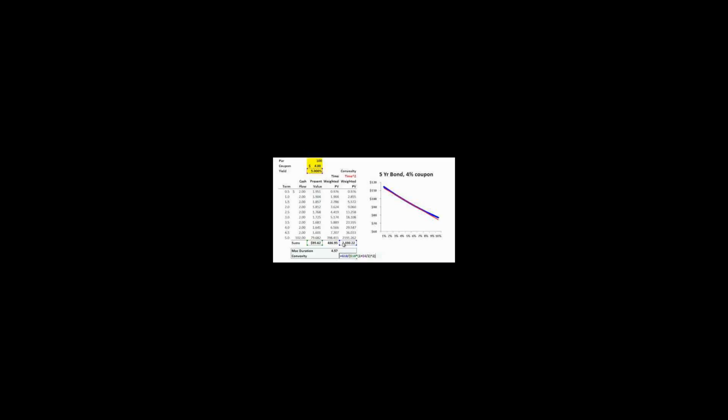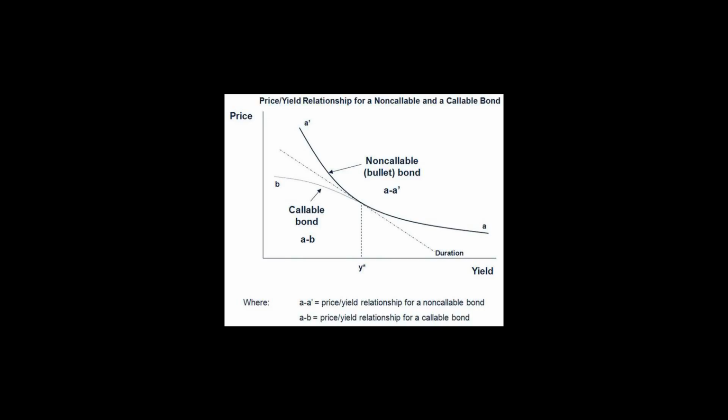Note that this conversely implies the negativity of the derivative of duration, by differentiating d B over d r equals minus D B.